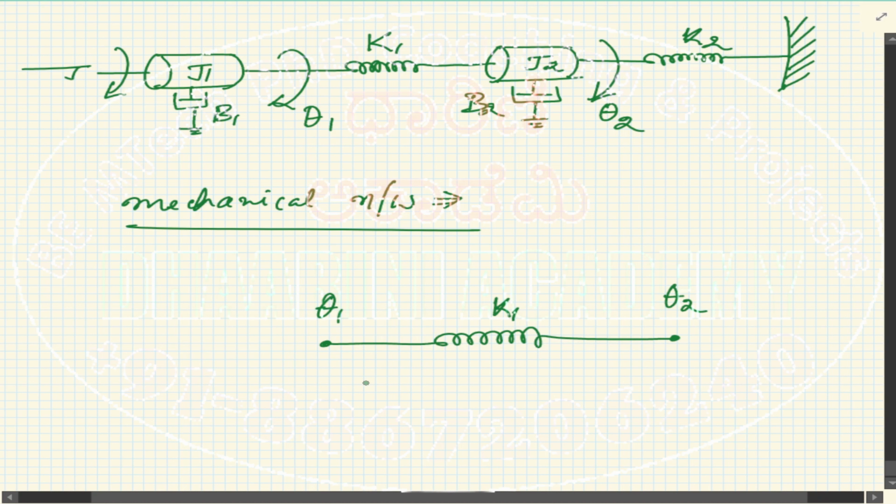And theta 2, I'll mark that. We have J1 over here and B1, right? Okay, then on the other side, connected to theta 2, we have J2, B2.